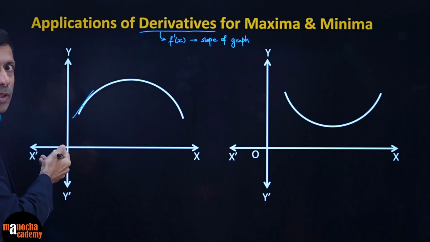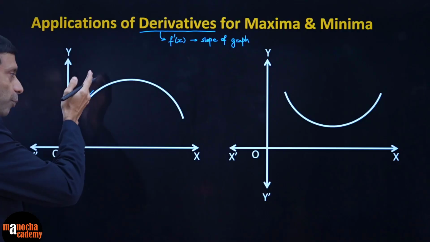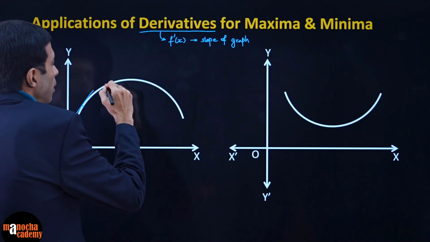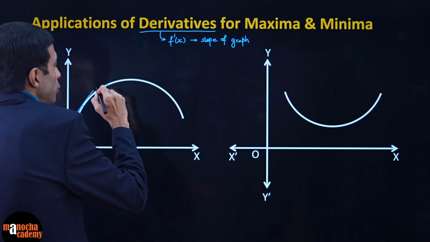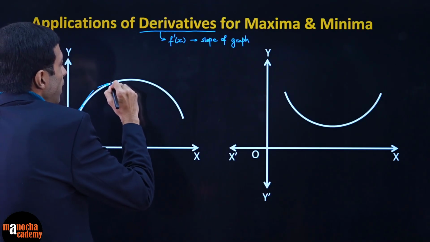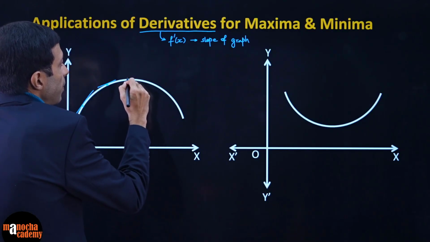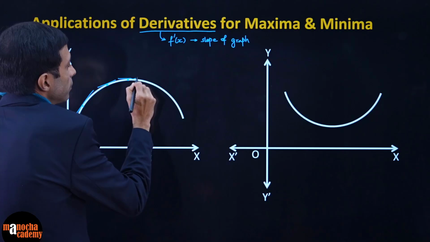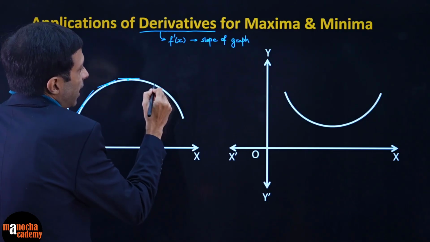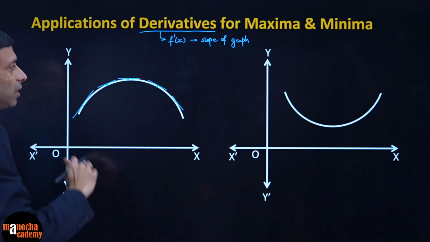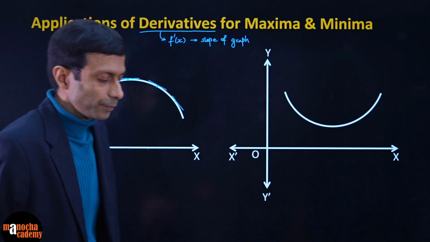Basically, slope means finding the tangent at that point and then finding tan theta. That is your slope, or inclination. Another one, if I want to find the slope right at the maximum point, that's my slope. If on this side I want to find the slope, can you see that? This is the meaning: slope means tangent.